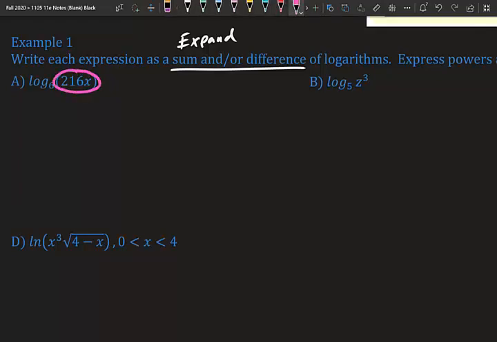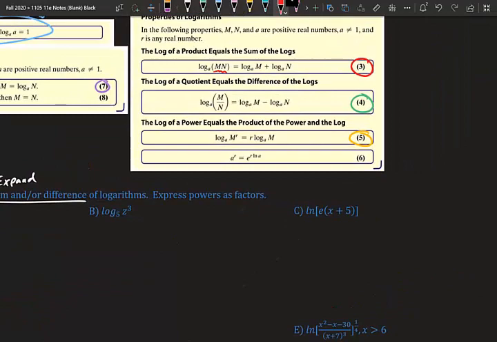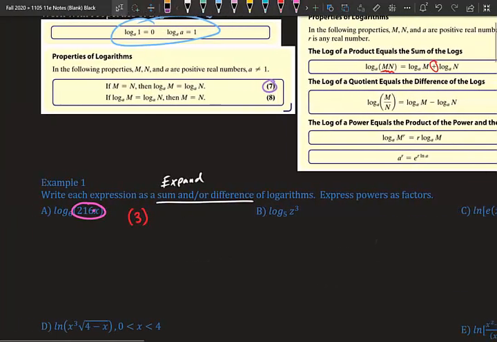So inside the argument, we technically have 216 times x. So since we're multiplying, we're going to be using property 3. So property 3 states that when we have one logarithm being multiplied, we can split it into 2 using an addition sign.